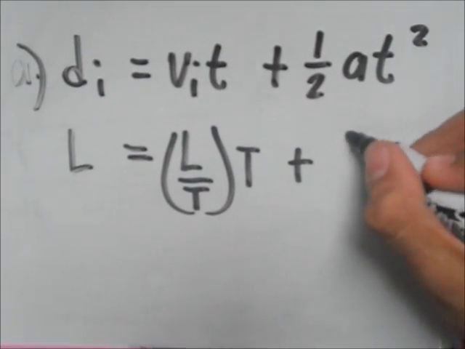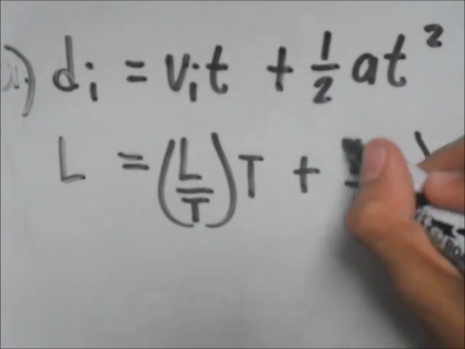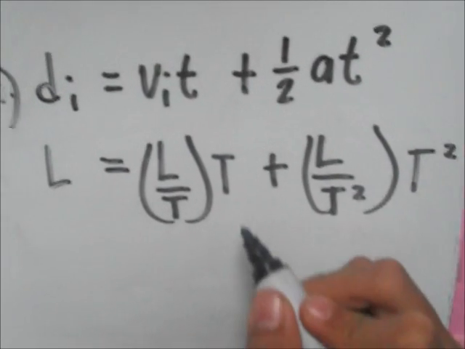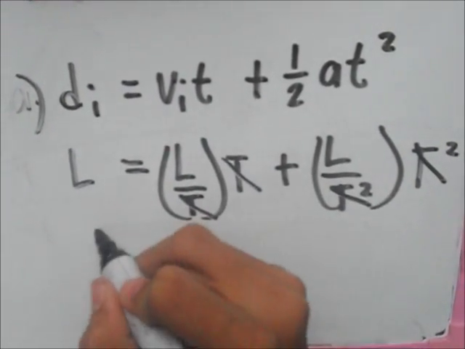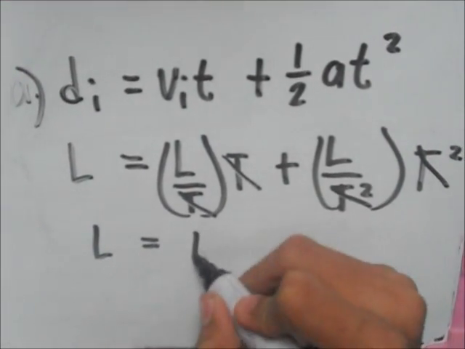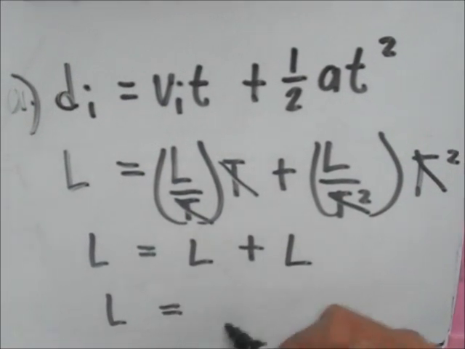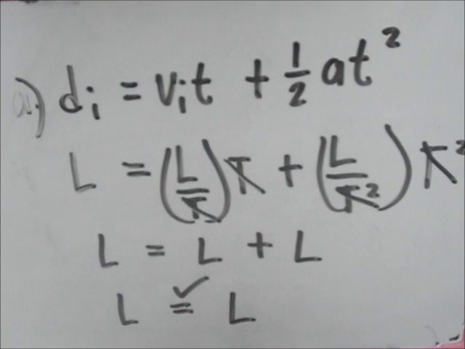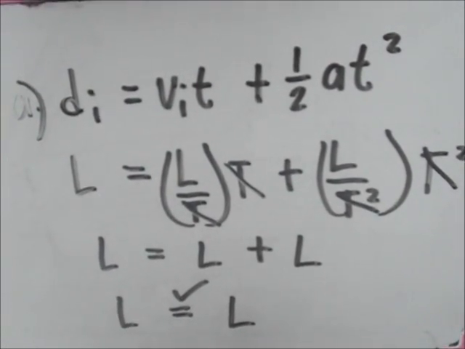So acceleration is equal to length over time squared, and remain the quantity of time squared. So let's do the cancellation now. So length will be equal to length plus length. And length is equal to length plus length is equal to length. So it will be dimensionally correct. And as we solve it, we can say that it is dimensionally correct.